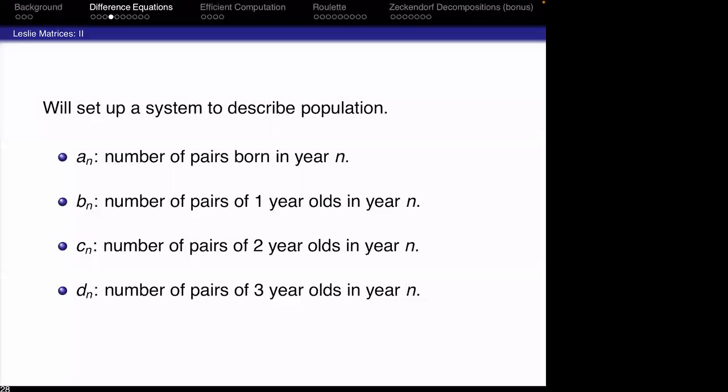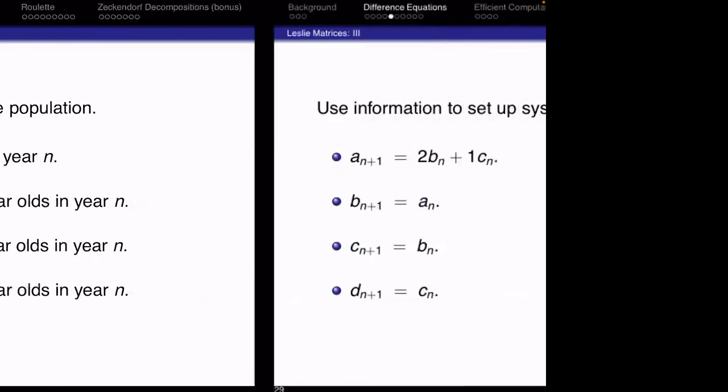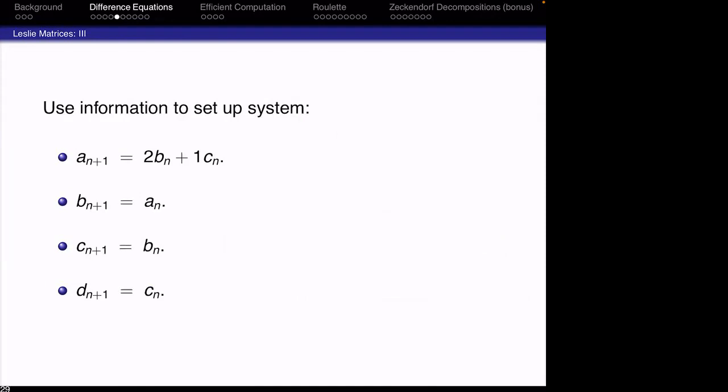So how many whales would be 2 years old in year n+1? What would C_{n+1} be? B_n. And so we get the formulas as listed: D_{n+1} will be C_n, and the more interesting one, A_{n+1}, is just going to be 2B_n + C_n.